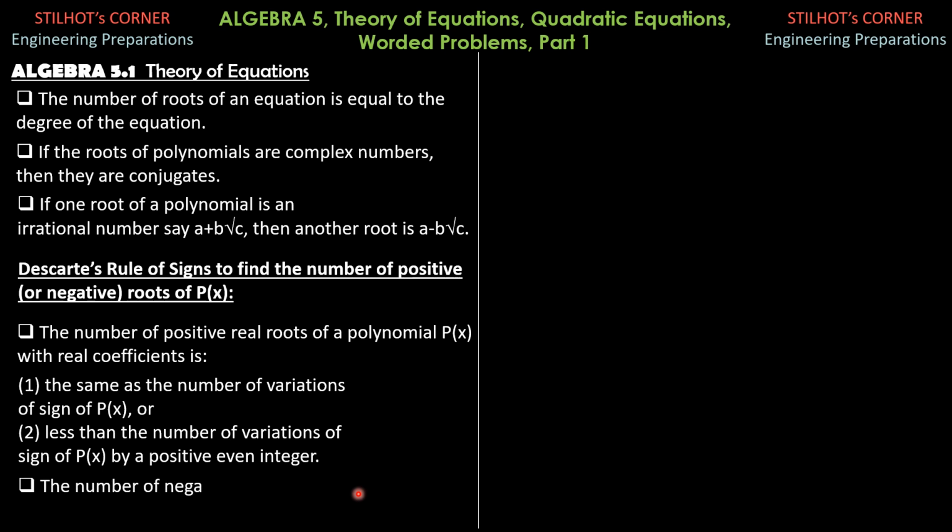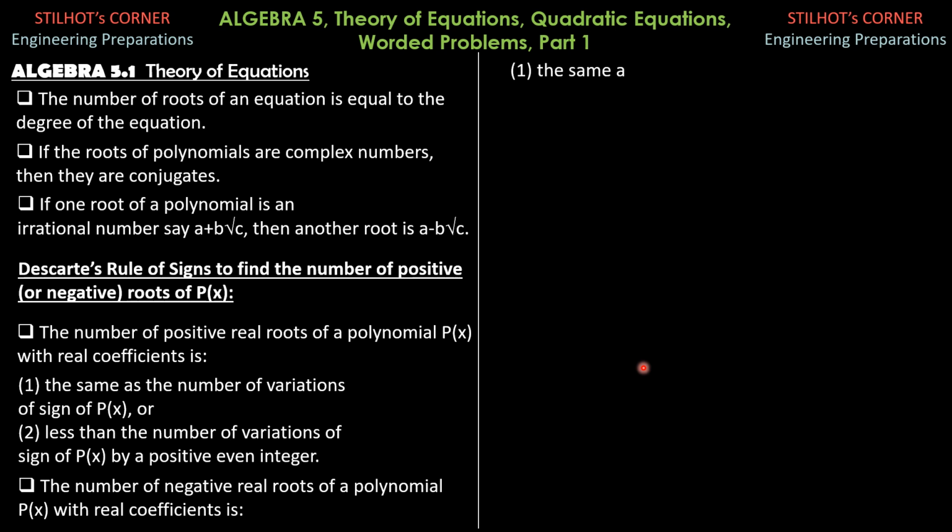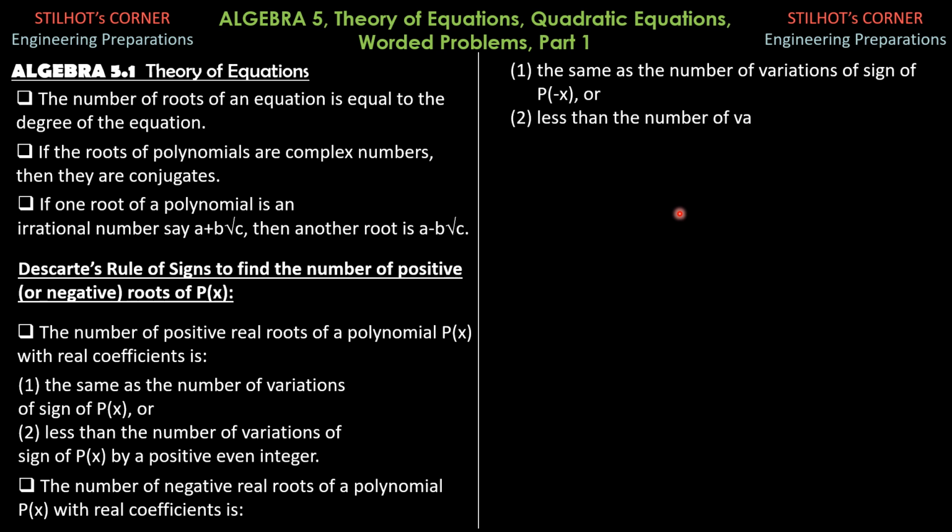Then the number of negative real roots of a polynomial P of x with real coefficients is, with the same principle here, the same as the number of variations of sign of P of negative x, or less than the number of variations of sign of P of negative x by a positive even integer.